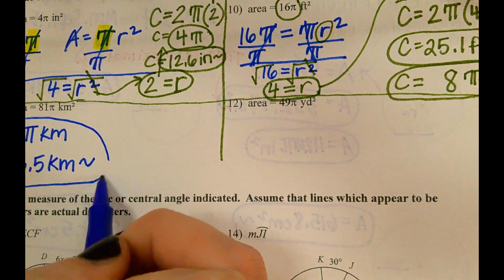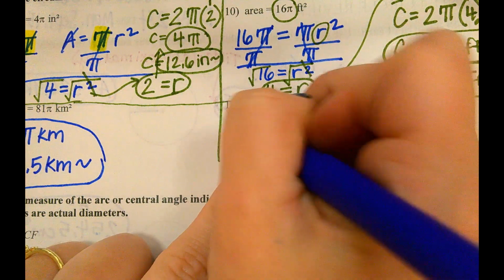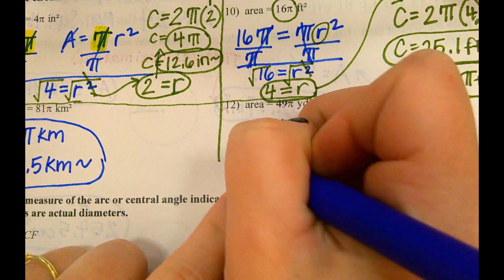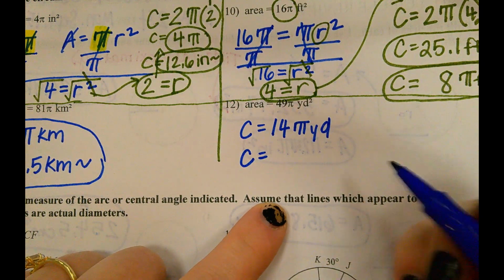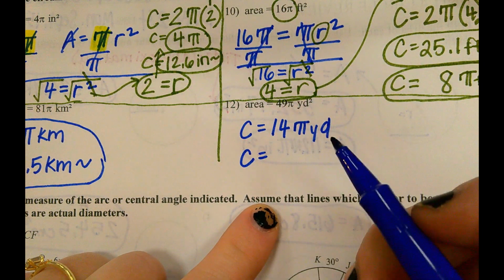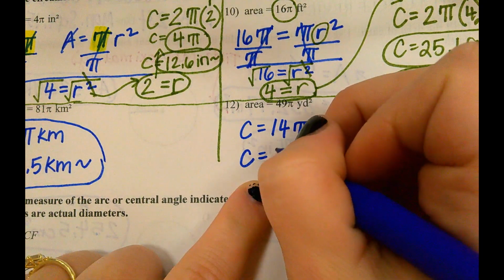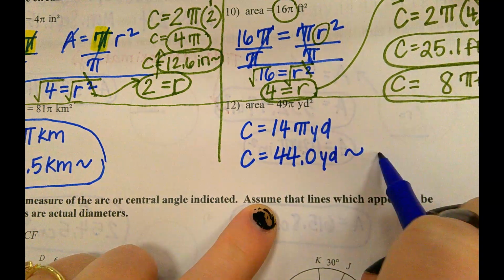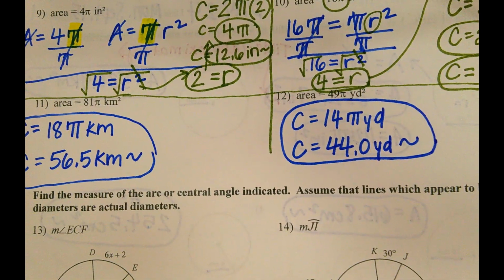For number 12, your exact circumference would be 14 pi yards. Your approximate circumference would be 43.98. Ooh, that actually would round up to 44.0. 44.0 yards approximately. So there is 11 and 12, if you're keeping track.